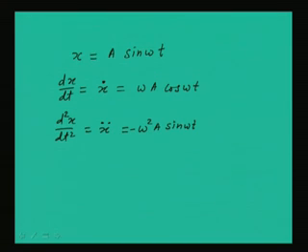If we want to convert this into the sine function form, we can write the velocity as omega a sin of omega t plus pi by 2, which is equivalent to cos omega t, and similarly the acceleration can be written as omega square a sin, or if we want to make it positive, omega t plus pi.